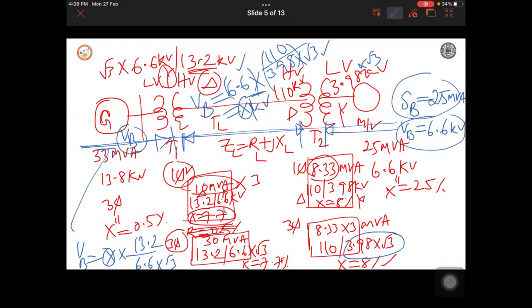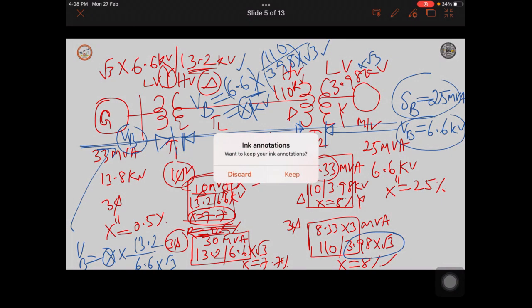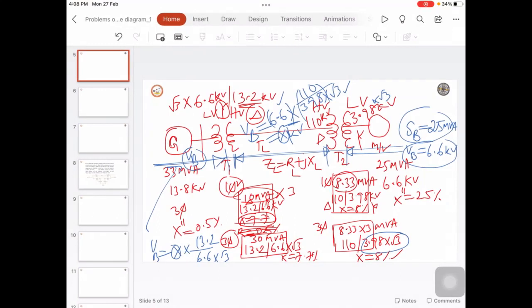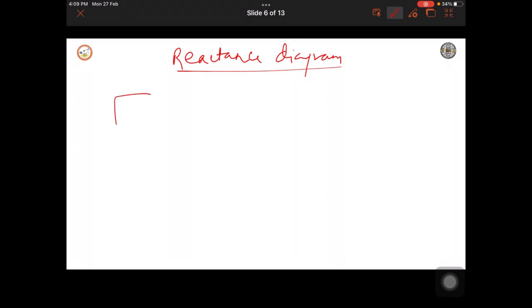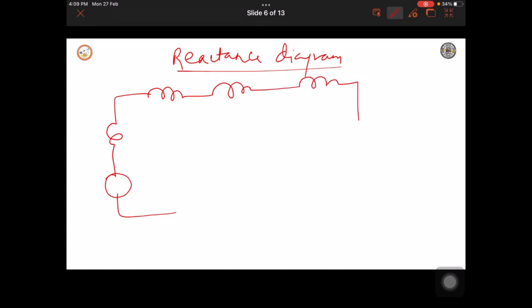So next let us write the calculations for the reactance values. Before that, let us write the reactance diagram for the given power system. So the given power system reactance diagram, we have first generator, next we have transformer, next one more transmission line, then one more transformer, and then we have a load of this kind.